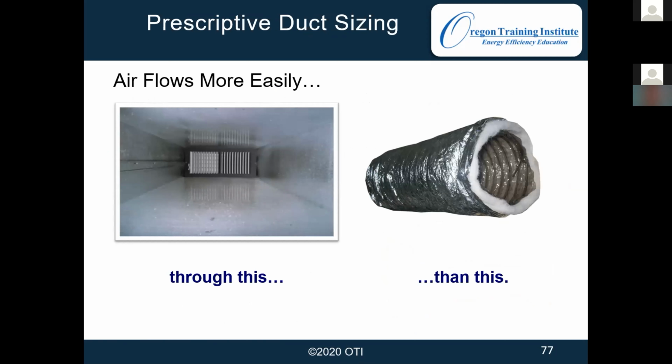Once we've selected our fan, now we've got to vent it. And these venting principles apply to all vent types, whether it's our heating ducts, our exhaust fans, our flues, dryer vents. All these principles are applicable to them.